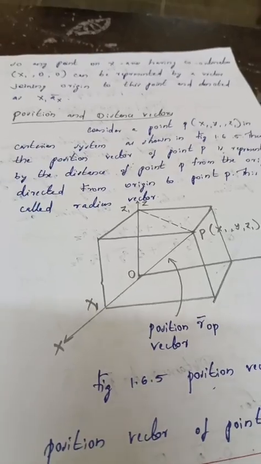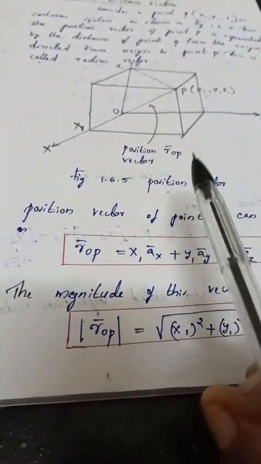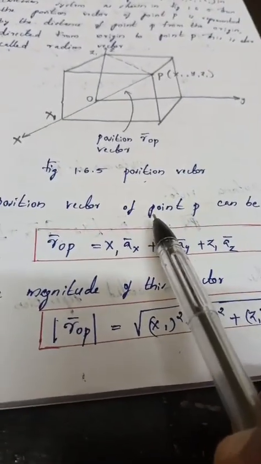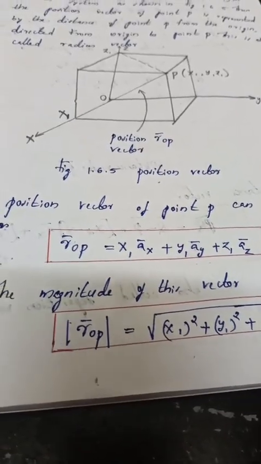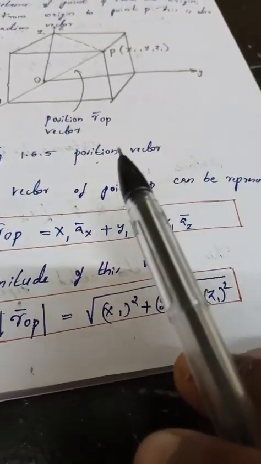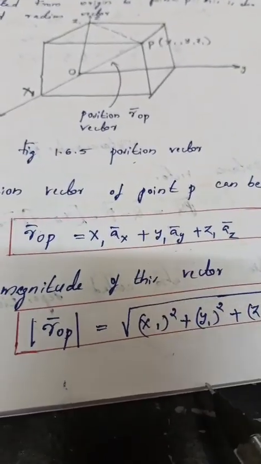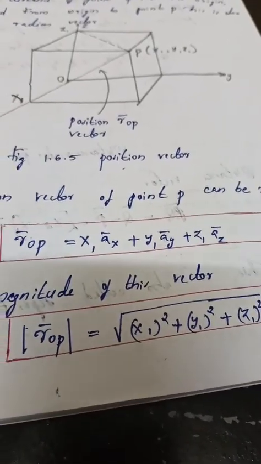Position and distance vector. Position vector of point P can be represented as r equal to x1 ax vector plus y1 ay vector plus z1 az vector. Magnitude r is given by root of x1 square plus y1 square plus z1 square.